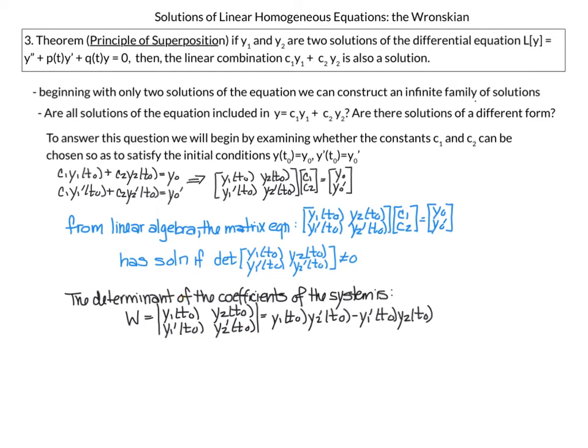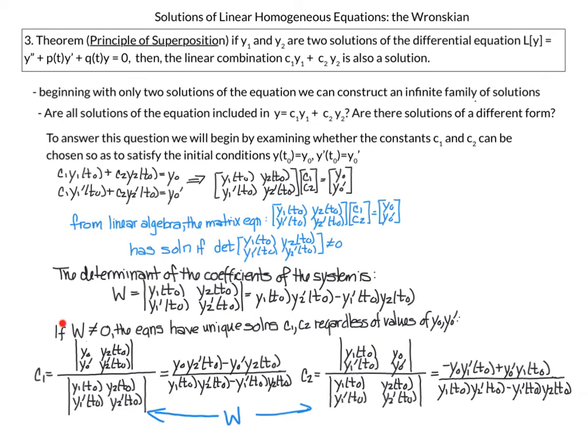And hopefully you remember how to find a determinant, but if you don't, that's okay, because we're only doing 2 by 2. It's this cross multiplied, so you have y1(t naught) times y2 prime(t naught) minus this cross multiplied. So then you have your minus, which is important, y1 prime(t naught) times y2(t naught).